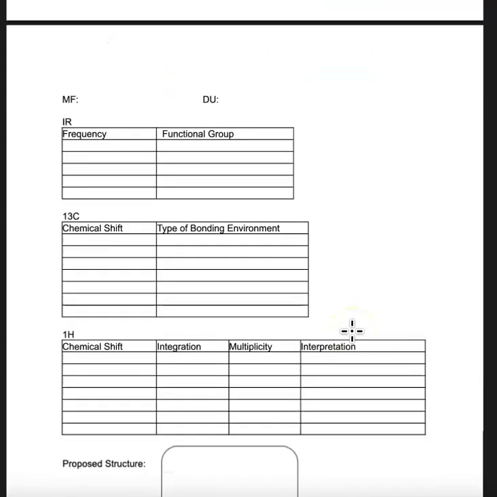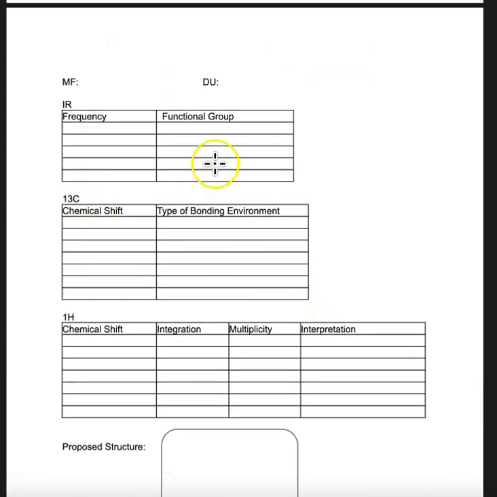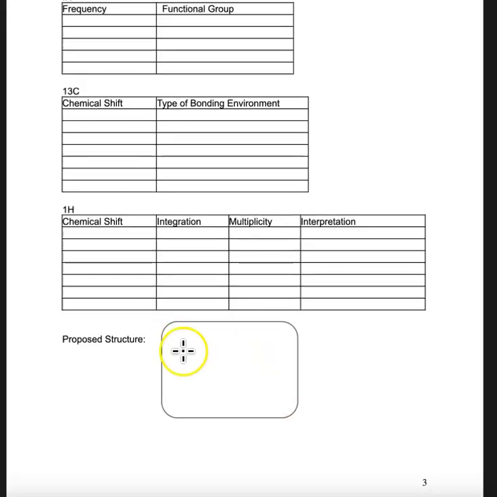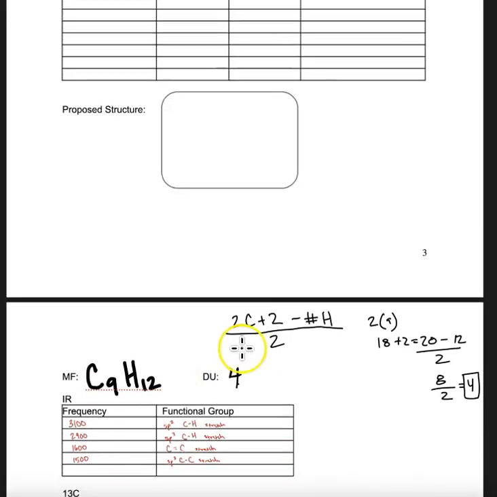And we are together going to fill out these three tables and propose a structure. First, I want to go over calculating the degree of unsaturation, because that will help us figure out our proposed structure.